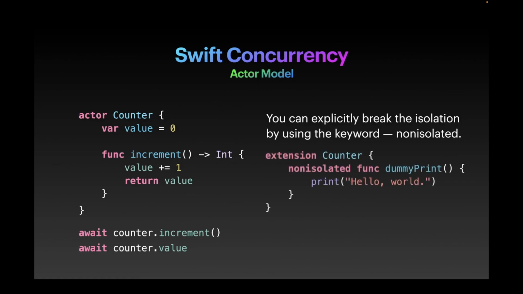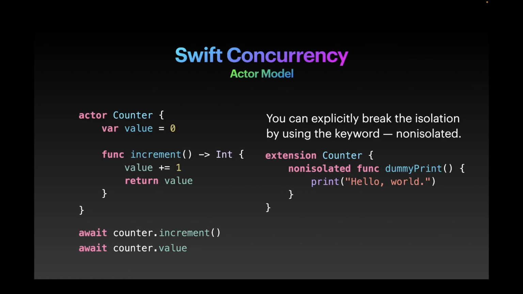Let's take a look at the example here. Again, I can extend on the counter. Of course, you can also define this function right inside the actor. It's totally valid. Just for clarity, I use the extension here. And I define the function name as dummyPrint. This function prints something. You can see in this function, I don't really use any internal value, any local value defined in the actor, and I don't call any internal function defined in the actor.